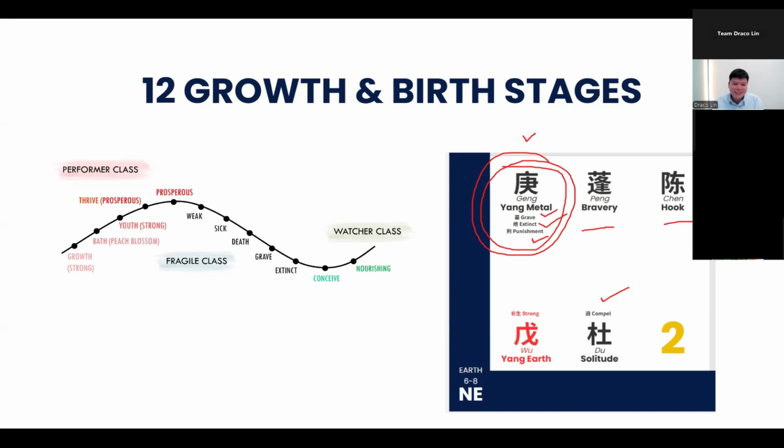Which number? The 6-8, the flying star number. What the heck is that? This is a high level feng shui layering method.